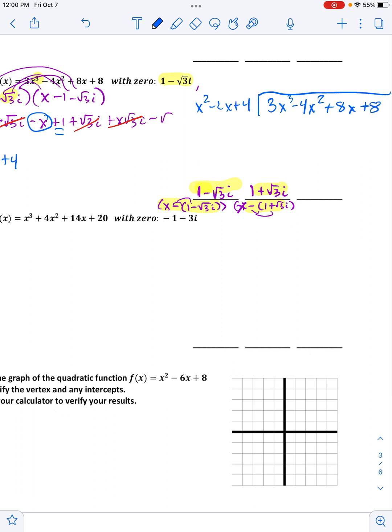I do not need any zeros for space savers. So what do I have to do to an x squared to turn it into a 3x cubed? I need to multiply it by a 3x. So I go over here, put it above the linear x, and now I'm going to multiply this 3x by everything over here. So 3x times x squared, 3x times minus 2x, and 3x times 4. So that's going to give me a 12x.